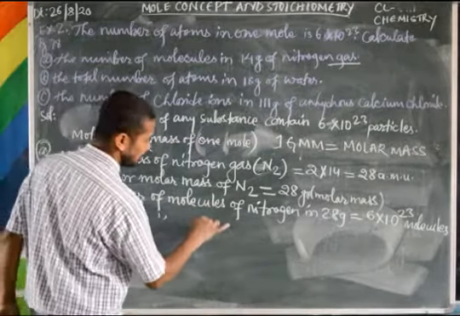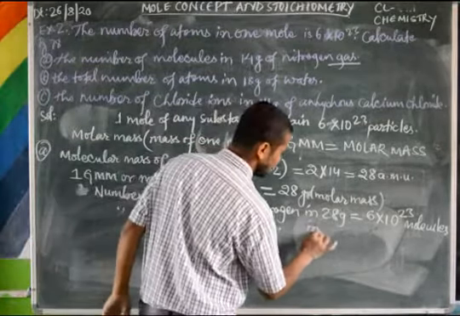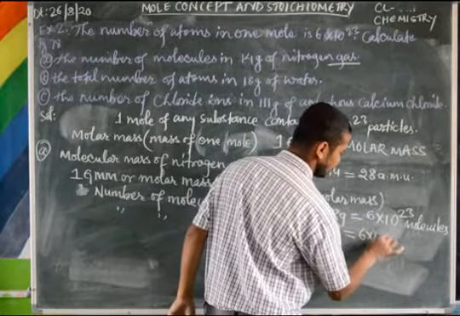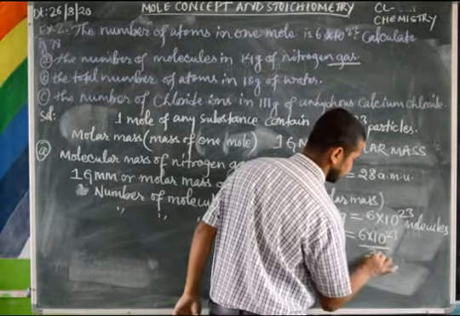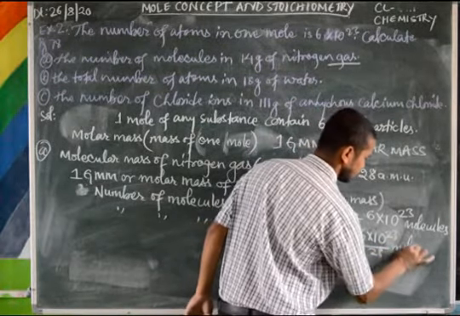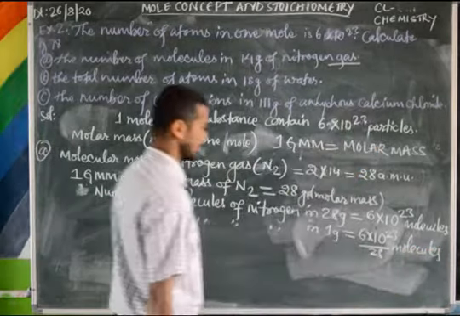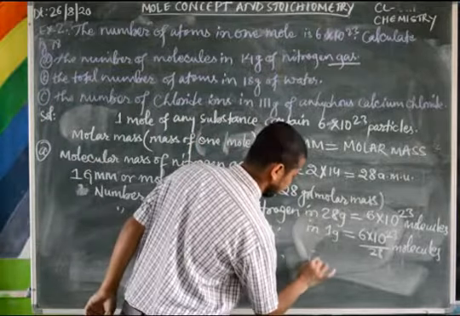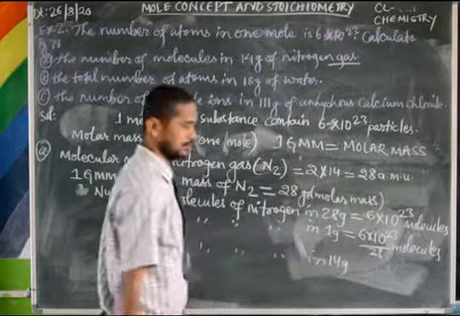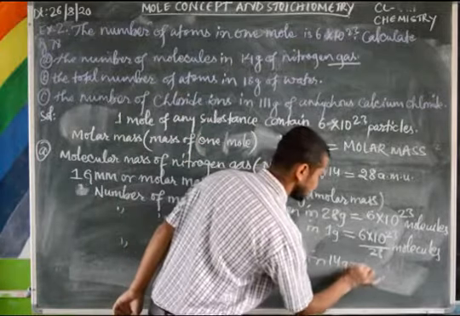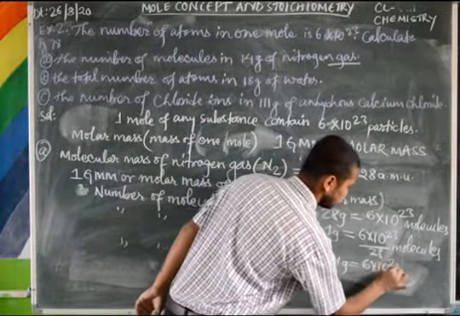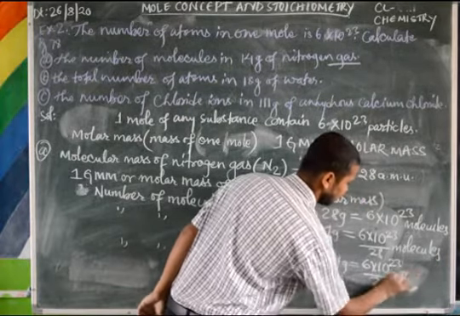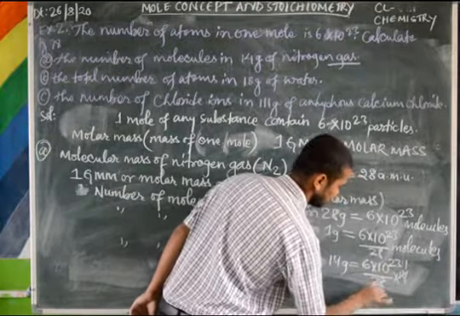The number of molecules of nitrogen in 1 gram is equal to 6 into 10 to the power 23 by 28 molecules. Then the number of molecules of nitrogen in 14 gram is equal to 6 into 10 to the power 23 by 28 into 14. 14 1 14, 2 and 2 2 3 6.